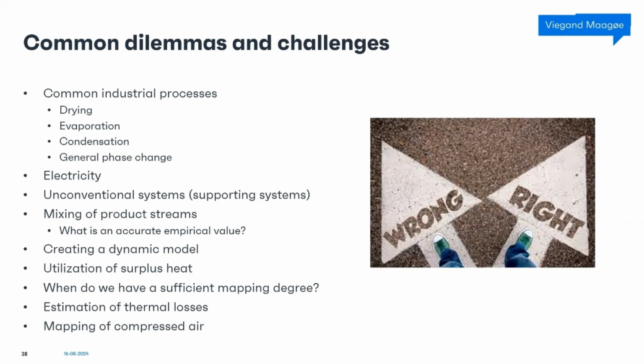So having such a simple tool also compromises some of the way that we are actually mapping, and this is also where it might be a bit more hand-holding for some of this mapping part. For instance, when we have the drying process, how do we map a dryer? If we look at it from a process perspective, we could say that we have a certain amount of product going in.